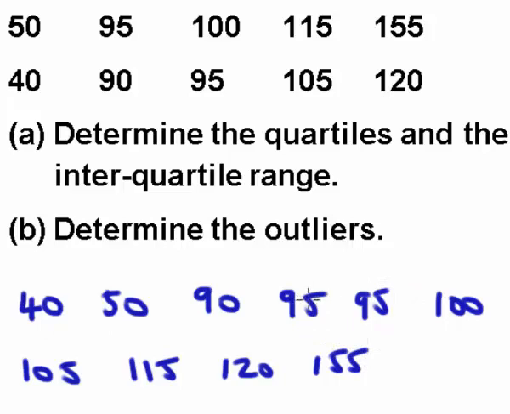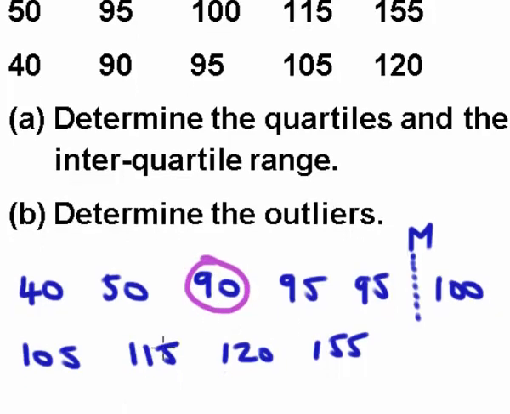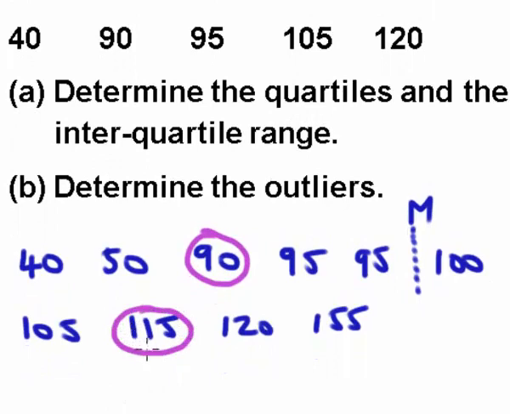Okay, so there's 10 scores. If you look at the median, it would be an inserted number there, but we're not really too worried about the median. We've got 5 on the left and 5 on the right. What we do know is that we can get the lower quartile, which is going to be 90, and the upper quartile, which is 115.